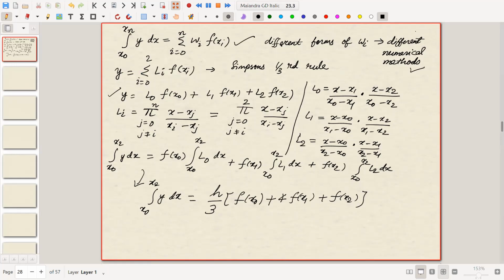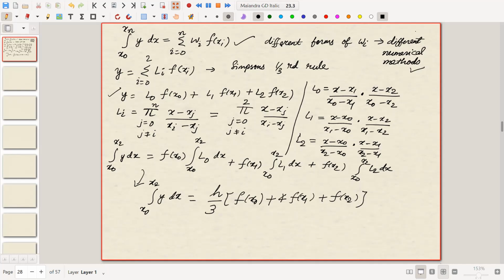Similarly, you can write the composite Simpson's rule as well. Can you say how the composite rule looks without even doing any writing? Now you have to take small intervals and add them up, right?